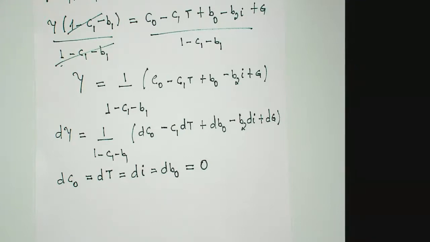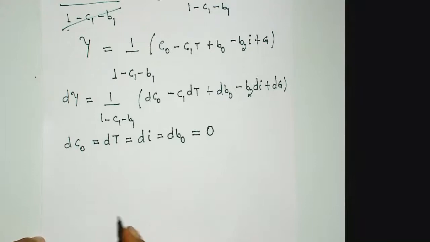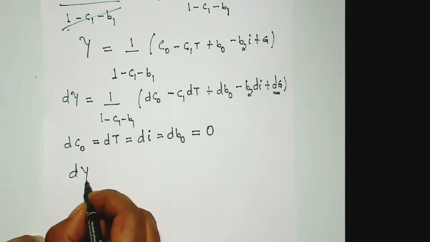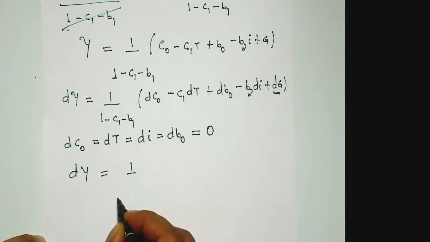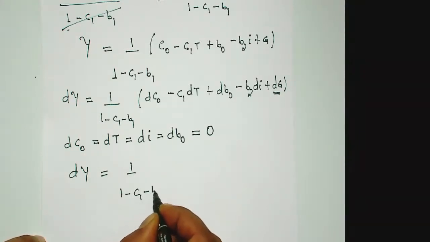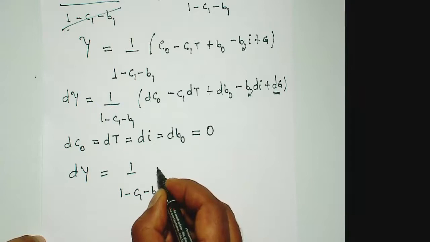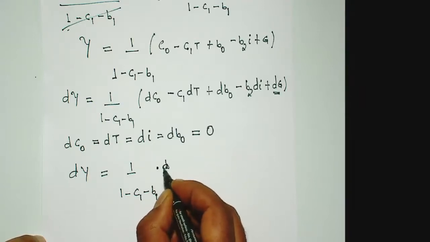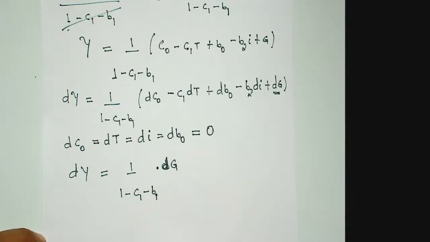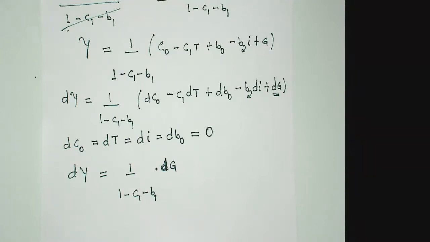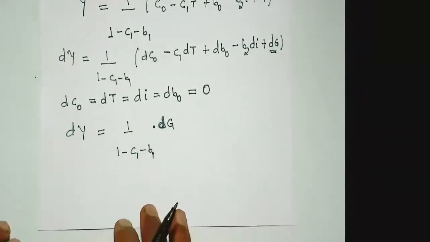They are actually constant. The only thing that is changing in our case is our government expenditure, dG. So in our case, we would have dY is equal to 1 over 1 minus C1 minus B1 multiplied by dG, which is the change in government expenditure.